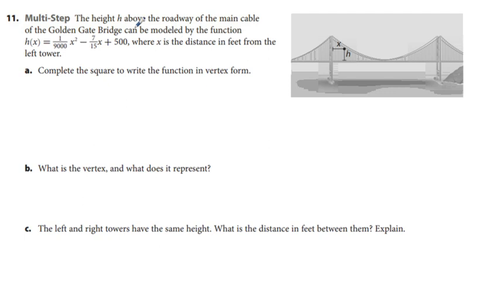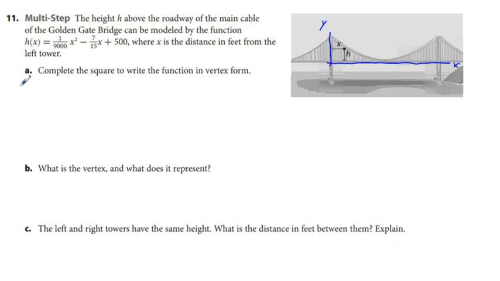So basically, when we look at this tower here, we're considering this as a coordinate plane. I'm drawing out a y-axis, and the x-axis is along the roadway here. So x and y is what that looks like. Complete the square to write the function in vertex form.